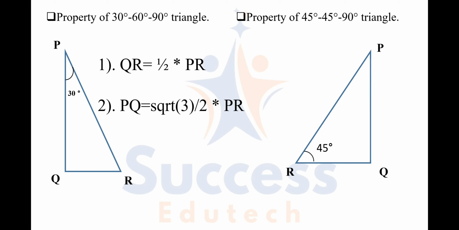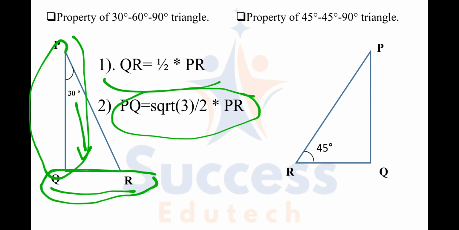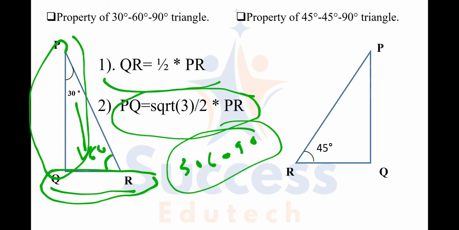So if the side opposite to your 30 degree angle is QR, if you want to find QR, then use this formula, and if you want to find PQ, then use this formula. If angle P is 30 degree and angle R is 60 degree, then this triangle becomes a 30-60-90 triangle. So based on this we are able to find the values of PQ and QR and PR also.